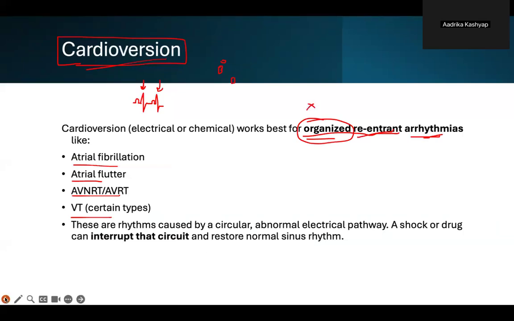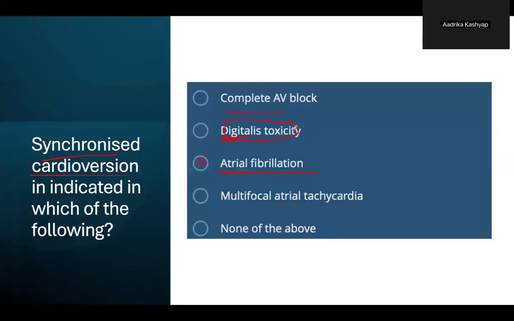Digitalis toxicity is another question that I will come to in this video. Digitalis actually makes the heart more irritable to arrhythmias, and if you do synchronized cardioversion, you're probably going to deteriorate the patient even more. Atrial fibrillation, on the other hand, is something you can cardiovert because it fits all of these criteria.